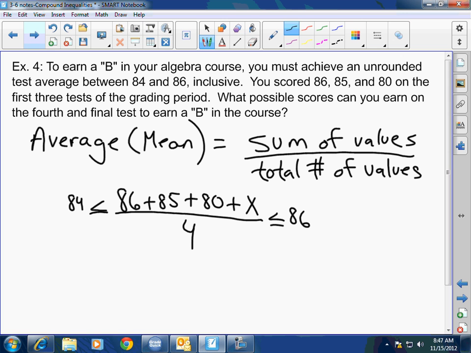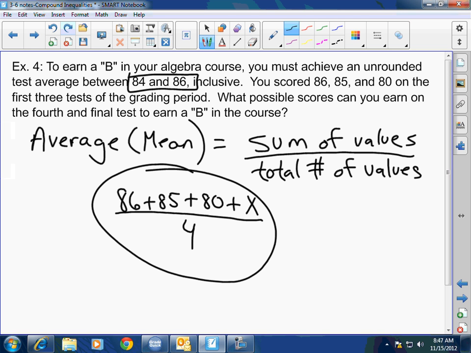Does that make sense what I just did there? Yes, sir, my brother. Okay, which part? The part where I put the less thans or the whole thing from the beginning? Okay, thank you. Let's go back a little bit in time. Didn't we say that a B average is between 84 and 86? Didn't we say that this is the average?